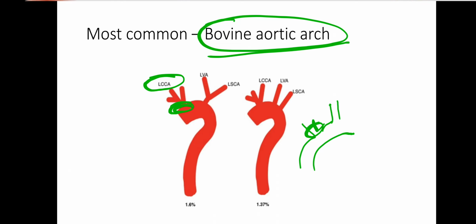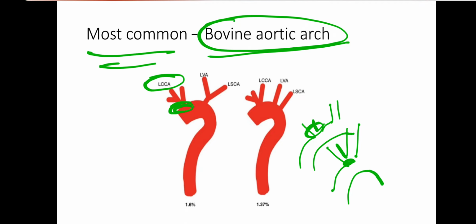The left common carotid artery has a common point of origin with the brachiocephalic trunk, or the innominate artery, or has its origin from the brachiocephalic trunk itself. This is the most common variation observed, the bovine arch variation.